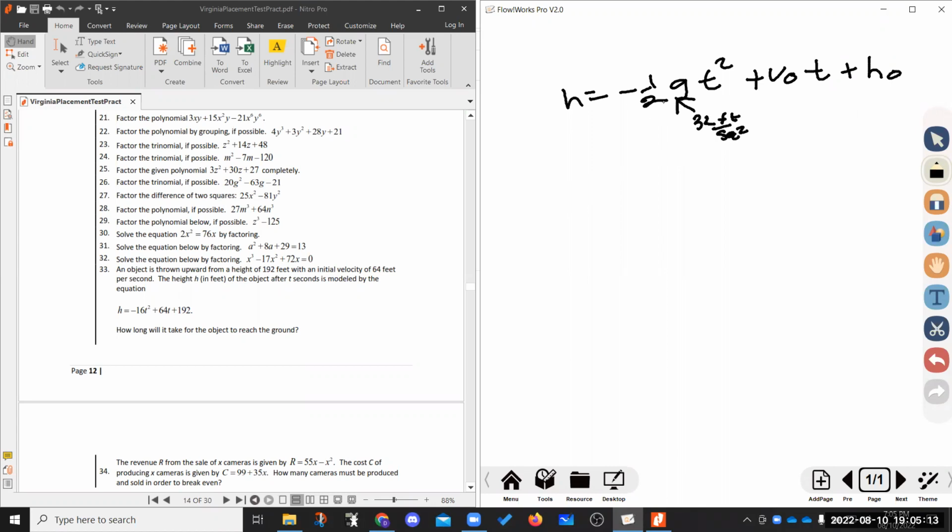So half of 32 is 16, make it negative because it's moving down towards the earth. The initial velocity here was 64 feet per second, and we had an initial height of 192, and that's where they got their equation from.